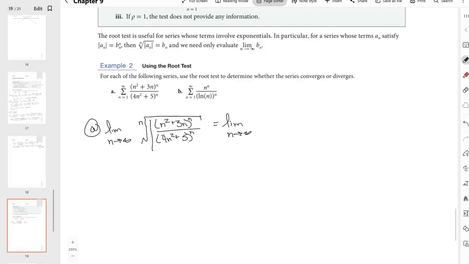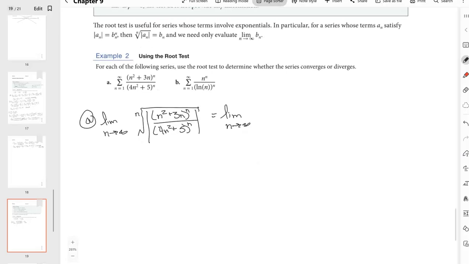Well, I forgot my absolute value here, but this is going to end up being positive since I'm just adding a whole bunch of positive terms together. So this is going to end up being n squared plus 3n over 4n squared plus 5. And so as n gets larger and larger, this thing's going to head to 1/4. To show that, we could use L'Hopital's.